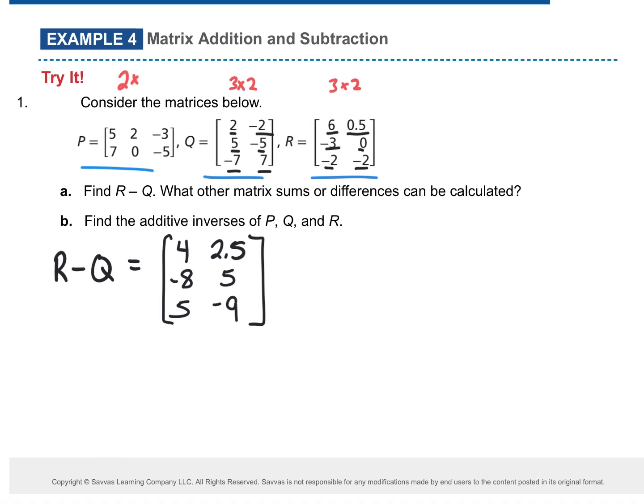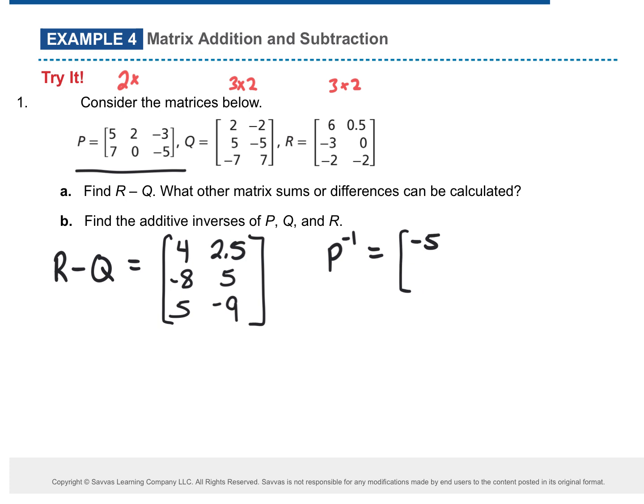Next one. Part B is we want to find the additive inverse of P. Remember that -1 means inverse. What's another word for inverse that we use? Opposite. So for matrix P, what is the opposite of 5? -5.